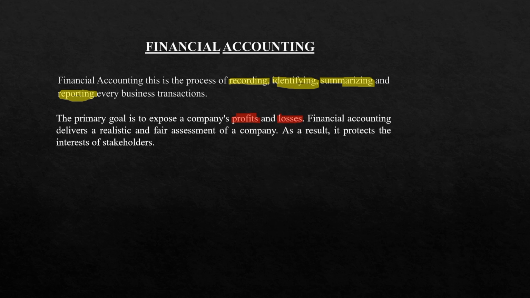So this is the simplest way of defining financial accounting. It is the process of recording, identifying, summarizing, and reporting every business transactions.